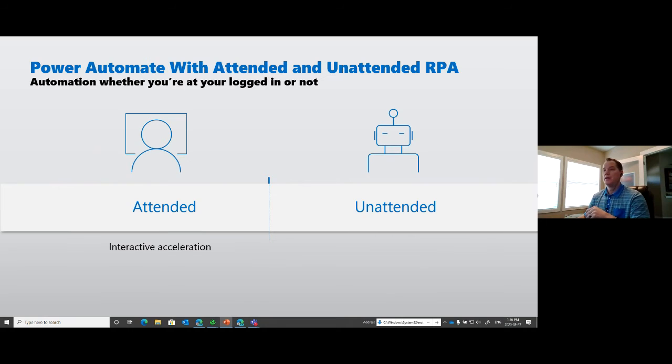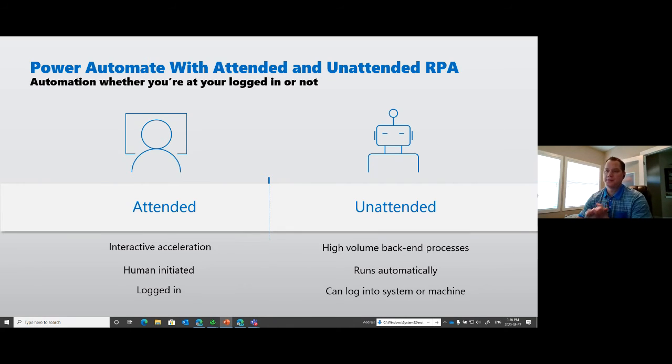And you do that through a recording experience where you can then automate that task and then go ahead and execute it. Now, there are two flavors, and I won't go too deep into this just in the interest of time, but we've got attended and unattended. So attended is there almost like to assist a user in real time, where a user might click a button that will kick off an automated UI process that might go fetch a bunch of data or could insert data into a bunch of different systems, but without having the user do that themselves.